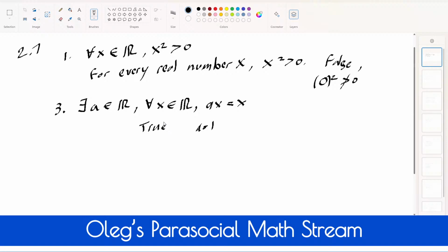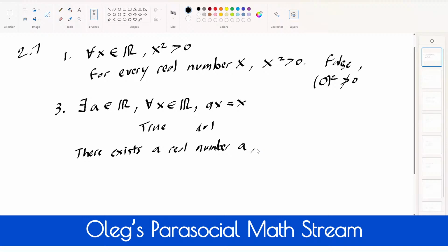Let me spread this out now. There exists a real number A. Let's be more stringent: there exists a real number A. The second A is not really necessary, but because they use the A. If they used Y, we would say there exists a real number Y, for example.